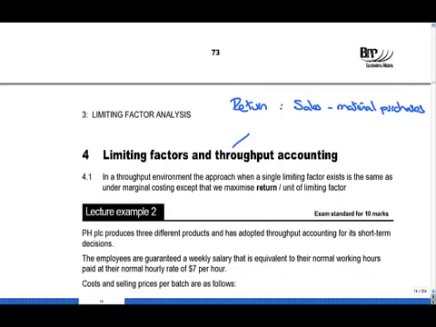So if we have a limiting factor scenario and we're in a throughput accounting environment, the only change that we see from what we've just looked at in example 1 is that we look to maximise our return per limiting factor instead of contribution per limiting factor.